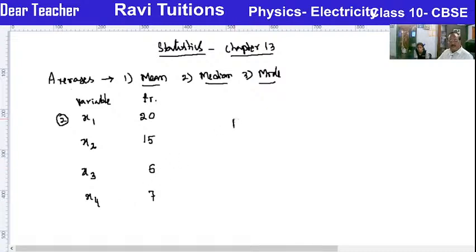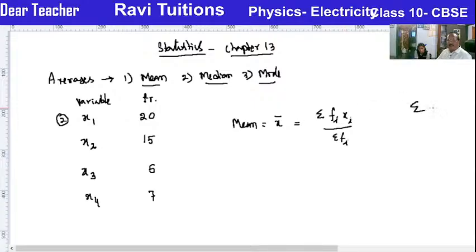I will just remind you: mean, x bar, is equal to sigma fi xi divided by sigma fi.